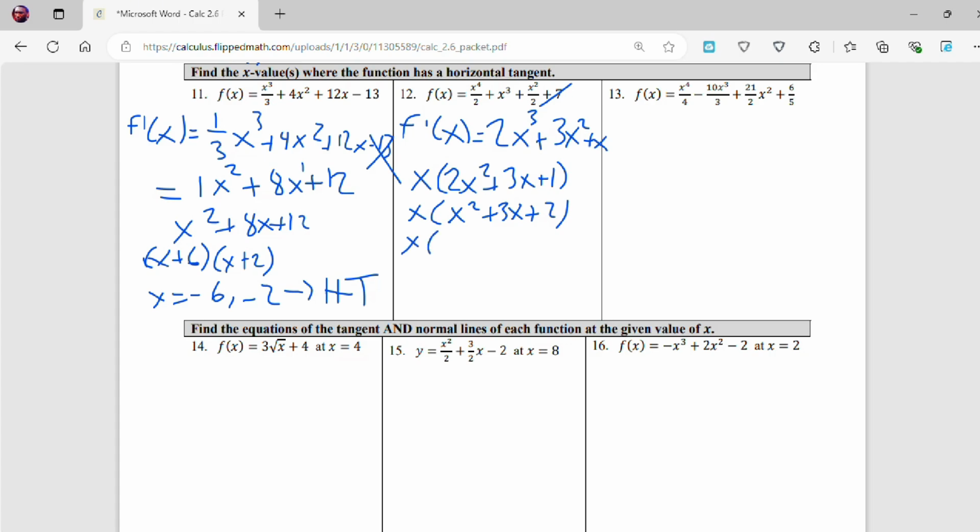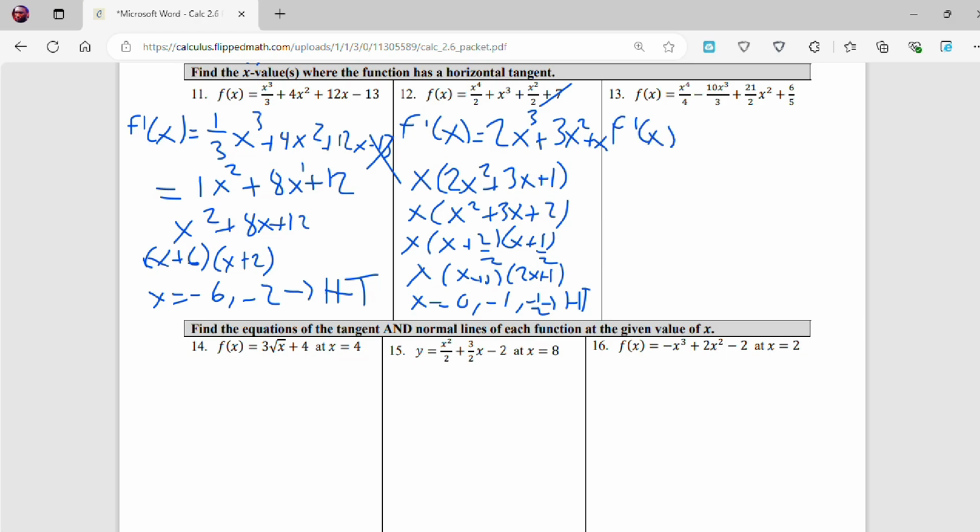So (x plus 2)(x plus 1), and then divide by 2: (x plus 1)(2x plus 1). So x equals 0, -1, and -1/2 are your horizontal tangents. Okay, next question.